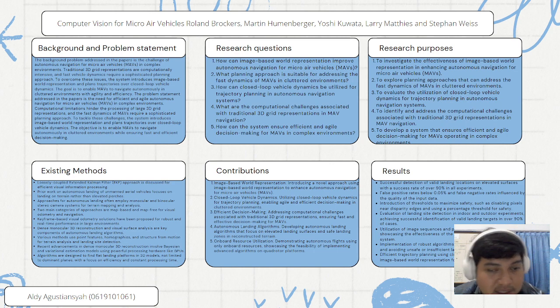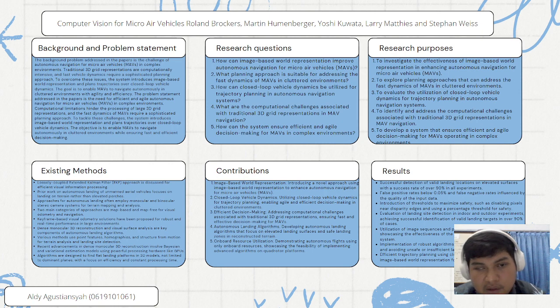Recent advancements in dense monocular 3D reconstruction involve Bayesian and variational estimation models using powerful processing hardware like GPUs. Algorithms are designed to find the landing platform in 3D models, not limited to dominant planes, with a focus on efficiency and constant processing time.